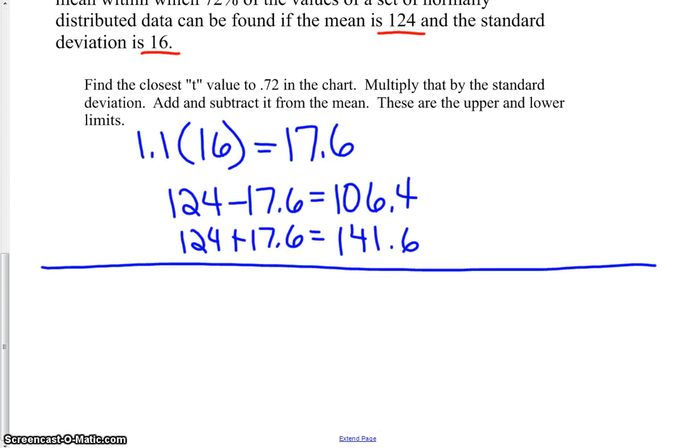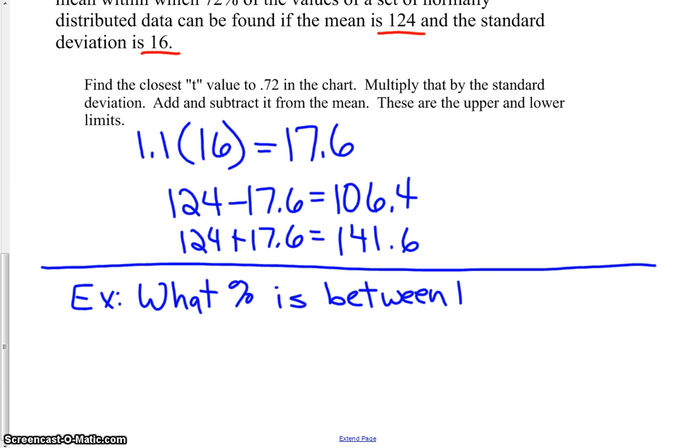If you want to find the percentage of data between two values, you need to know how many standard deviations away from the mean they are and add or subtract appropriately. As an example, what if I wanted to know what percent of the data is between 128 and 142?